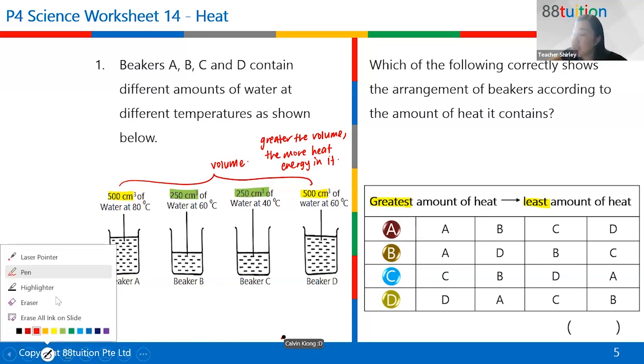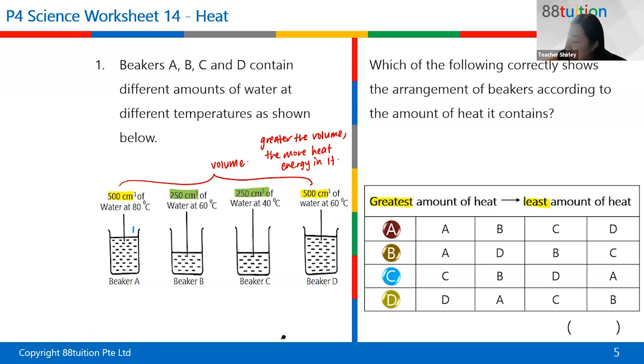Another thing that you have to look at is temperature. Okay, so you have the temperature there. Of course, the one with the higher temperature means there's the most amount of heat, right?